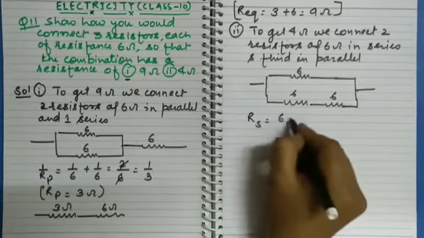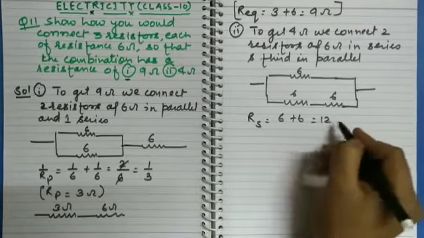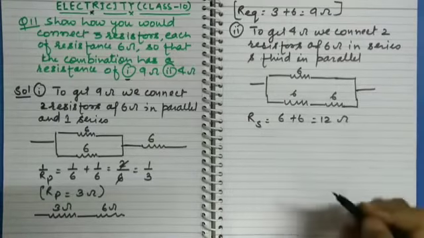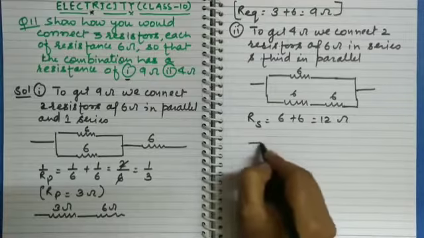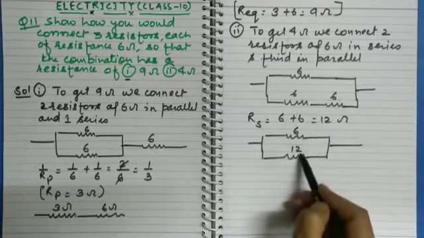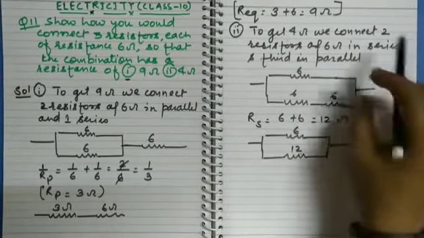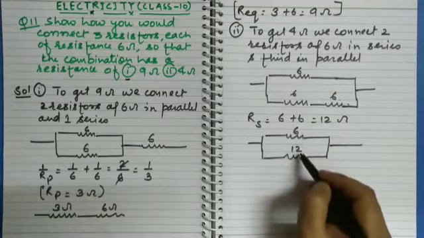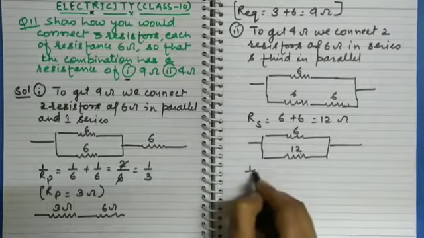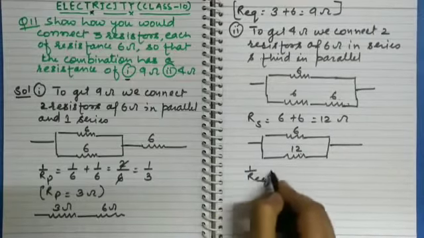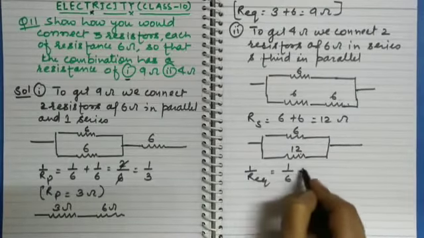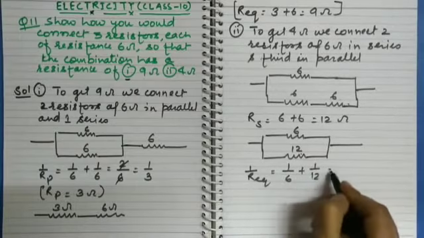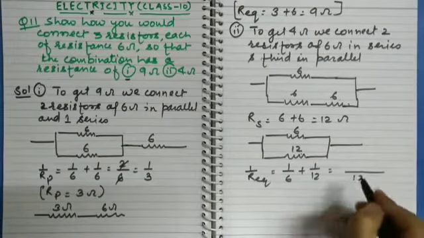Now the resultant resistance of the series, Rs, equals 6 plus 6 equals 12 ohm, and the new figure will be drawn like this, which is related to the figure above. 1 by R, or 1 by the required resistance, equals 1 by 6 plus 1 by 12.